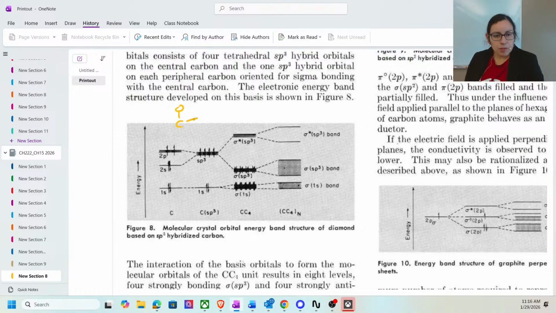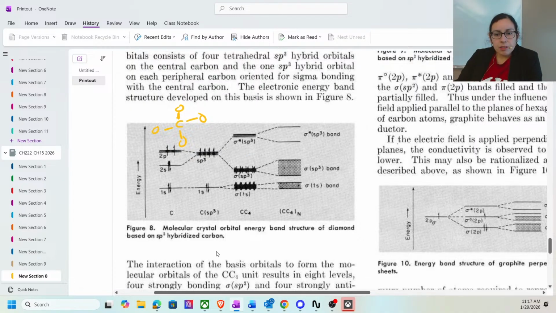Of course diamond is tetrahedral, and those balls should all be carbon. It's basically taking these 4 sp3 carbons and combining them with this carbon here to give us our new molecular orbital treatment of that.